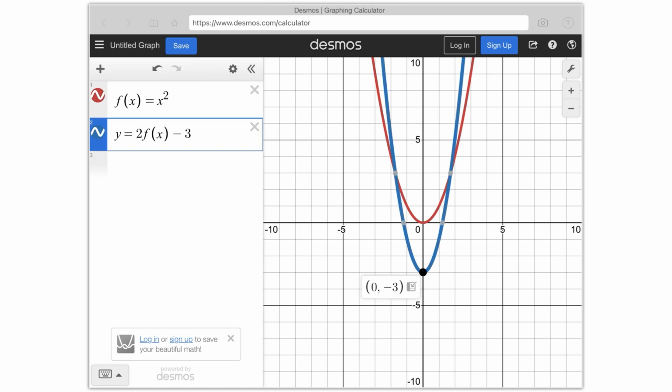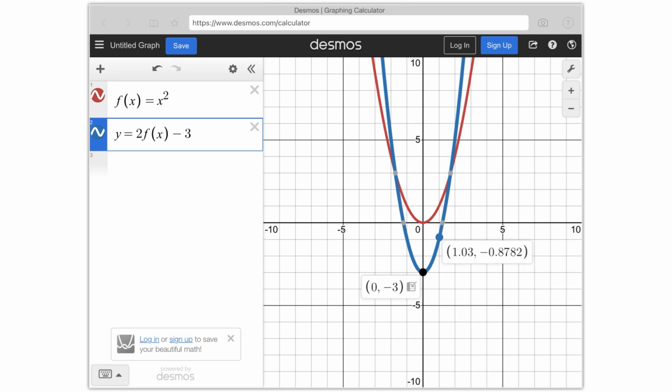Well, if we look here, the vertex is at 0 and -3. If we remember from the tables we just made, one vertex was at 0 and negative 3, and one vertex was at 0 and negative 6. So I think right away this tells us that the option that had the vertex at 0 and negative 3 is the correct option. And we can look at a few more points here.